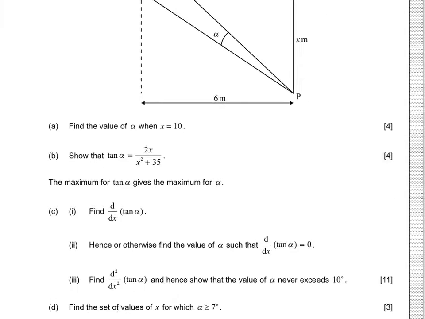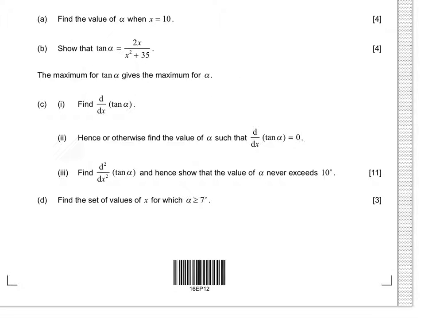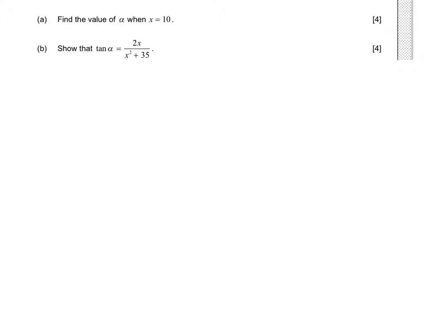Okay, so part B. Show that tan alpha is equal to that. Well, we've just shown alpha is the difference between two angles.